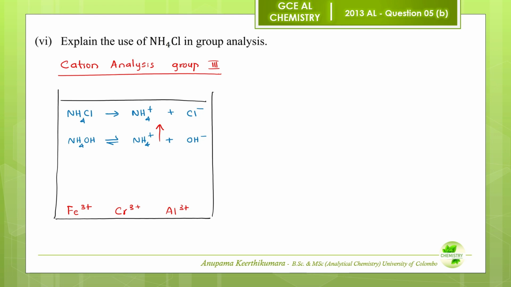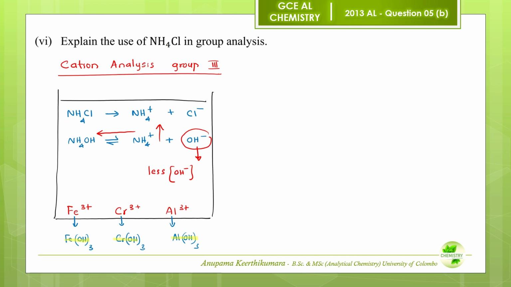Because of this high ammonium ion concentration, according to the Le Chatelier principle, the dissociation of ammonium hydroxide decreases. It will produce less OH minus ion concentration in the solution. With these hydroxide ions, these three cations can give their respective precipitates.